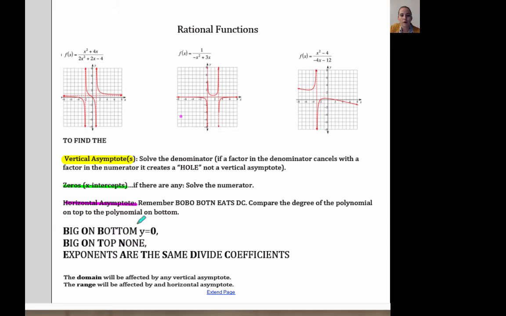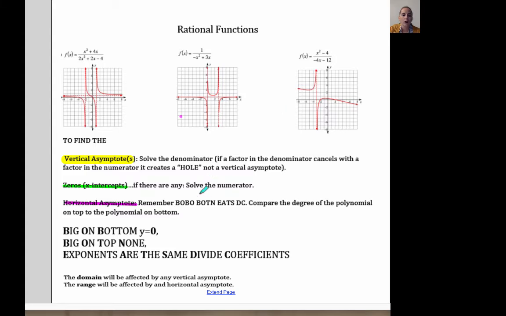So big on bottom, y equals 0. And then over here I have a degree of 2 on top, and this is linear down here because it's a degree of 1. So bigger on top, big on top, none. So there is no horizontal asymptote, and as you can see, there's none drawn here.